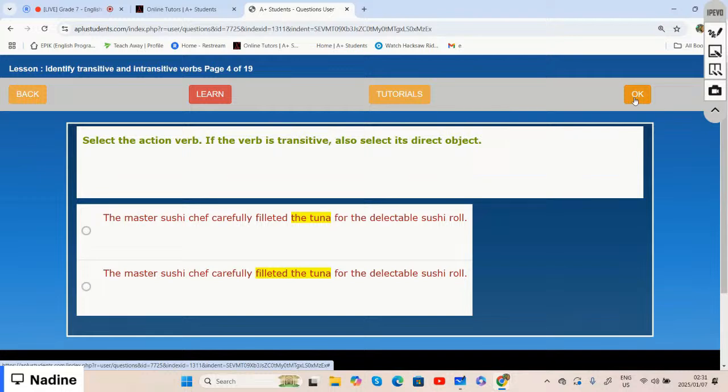So we need to say if the word in bold is a verb that is transitive, and we also need to select the direct object. So is it option one, the tuna, or option two, filleted the tuna? Which one is correct?